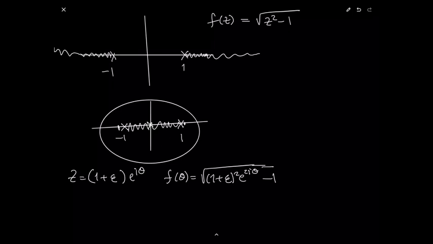Okay. And what do I get? I get this is equal to 1 plus epsilon, because there's a squared here, I can pull it out, e to the i theta, okay, and then I've got 1 plus e to the minus 2i theta.